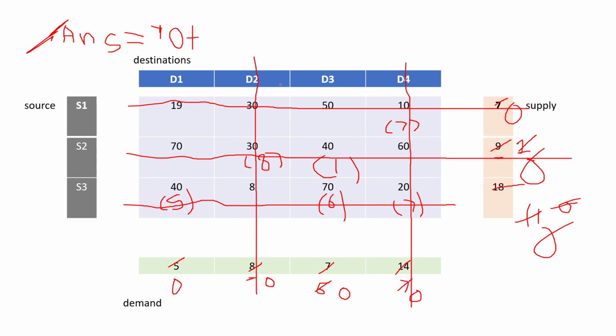Plus the next allocation is 8 with a cost of 30, means 30 into 8, 240. Plus next allocation 40 with 1, means 40 into 1, 40. Plus next allocation 40 into 5, 200.